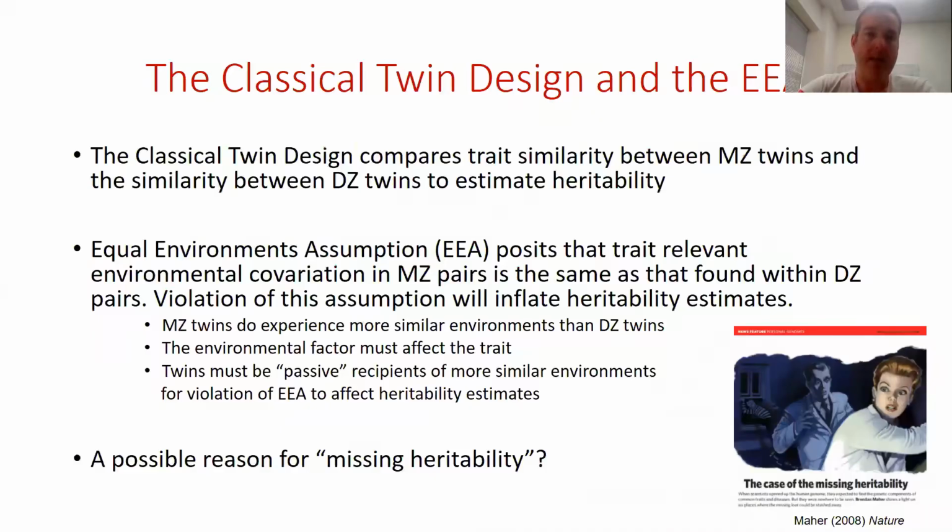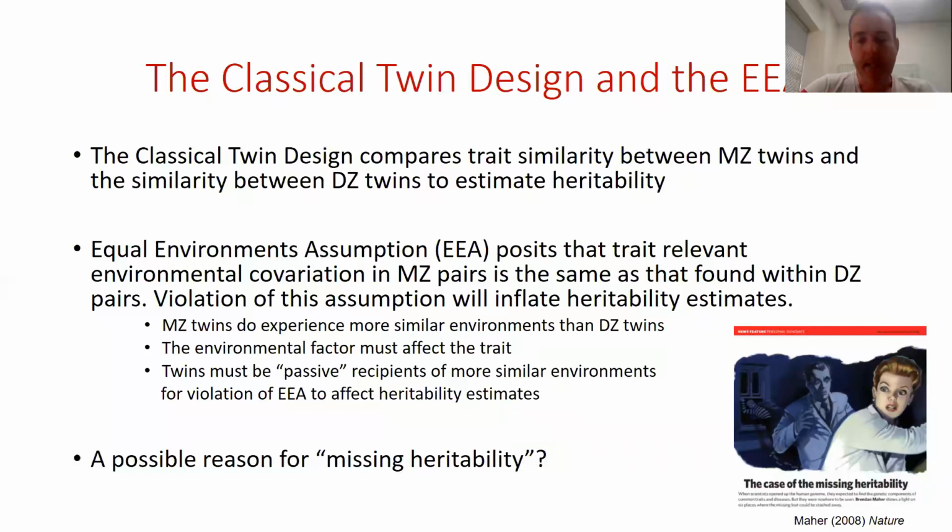So in the classical twin design, basically what we do is we compare the trait similarity between MZ twins and DZ twins and then use it to estimate heritability and the proportion of environmental variance due to common environmental factors and unique environmental factors. But the classical twin design rests on a number of assumptions, probably the most important of which is the equal environments assumption.